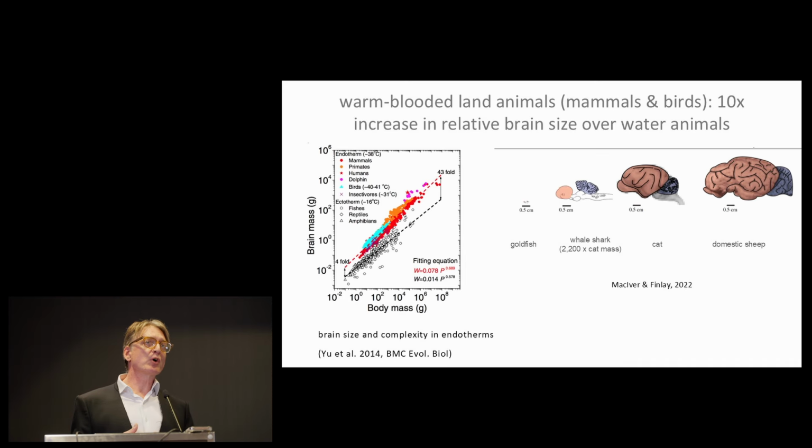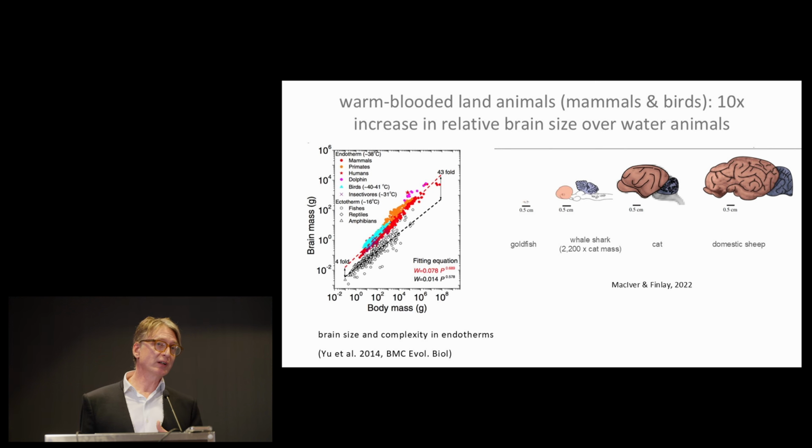So that's a lot more processing, and here's where I get to the note about brain size that I wanted to mention. A little appreciated fact is that warm-blooded land animals, birds and mammals, have a 10 times larger brain to body mass ratio than ancestral aquatic animals. Here's a goldfish brain with a 0.5 centimeter scale bar.